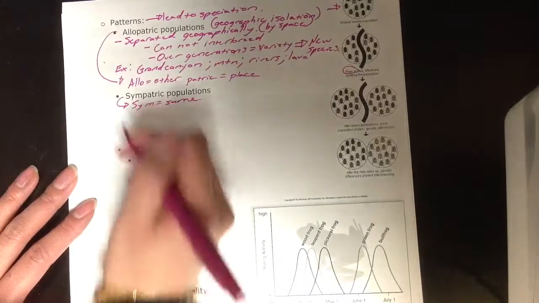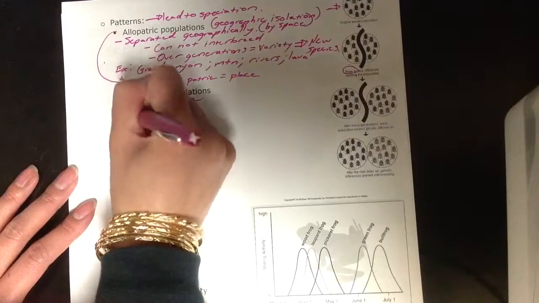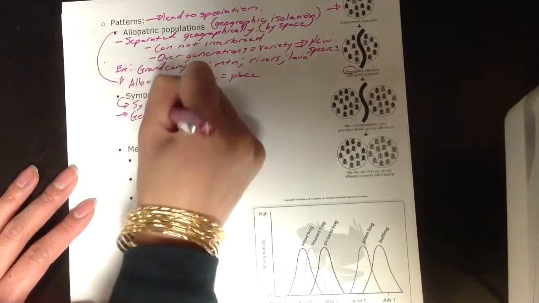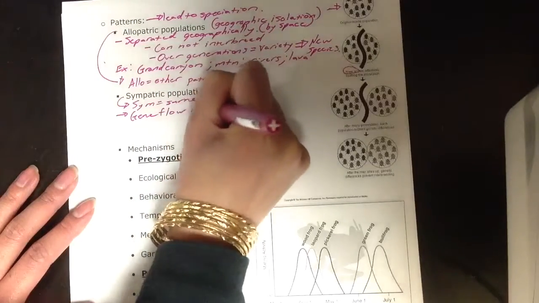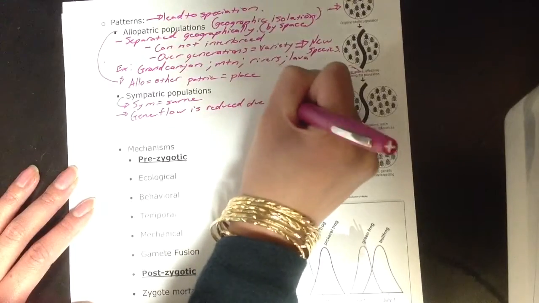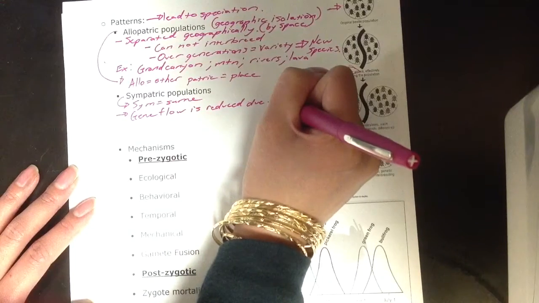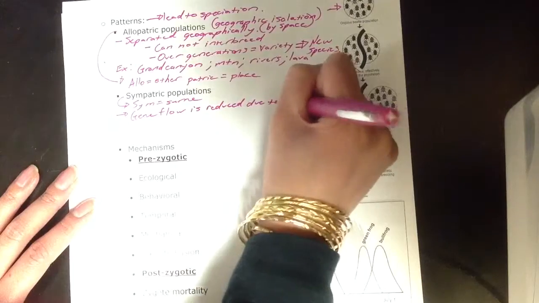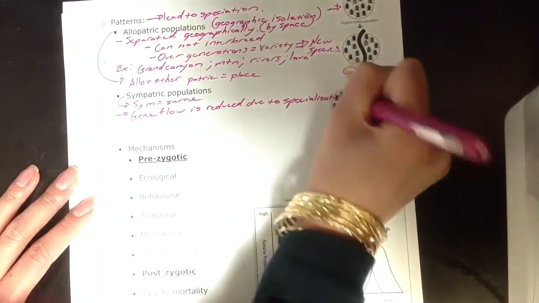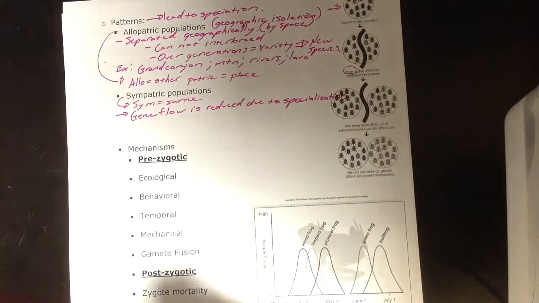However, what happens is that your gene flow is reduced due to specialization. So this is going to be a little different from what we saw earlier with the finches.